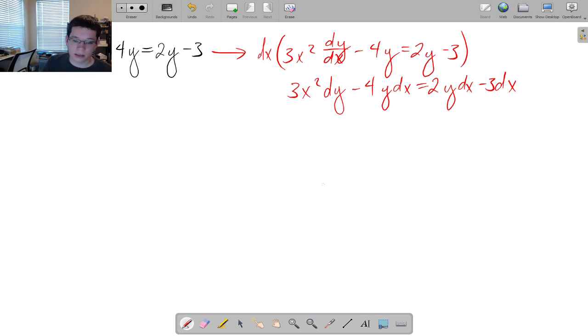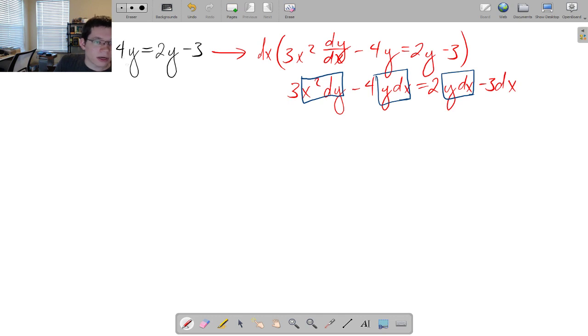This right here is how you know it's not separable. So the correct way to solve this one is to identify that it's linear.